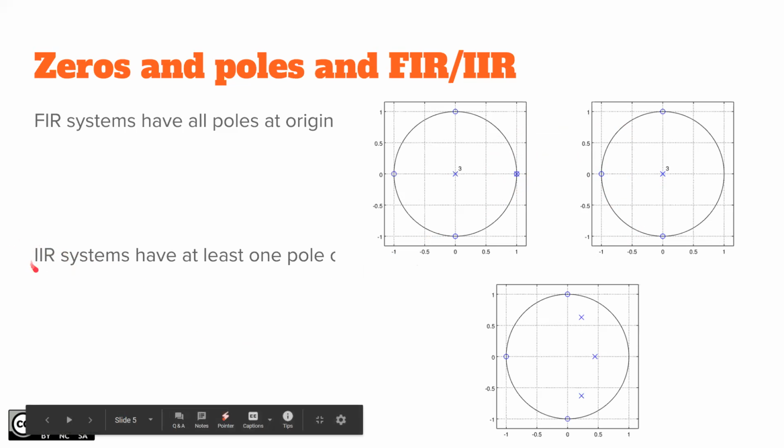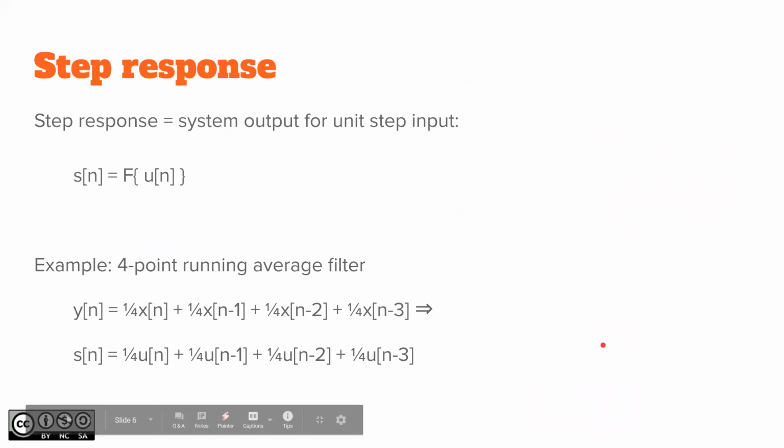Meanwhile, the infinite impulse response system has at least one pole outside of the origin, so not zero, somewhere in here. And these must be complex conjugate pairs. Step response, which is the system output for a unit step input.